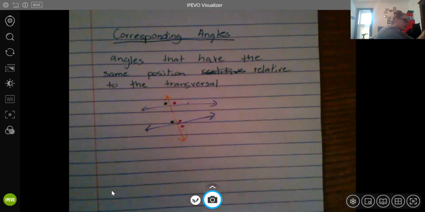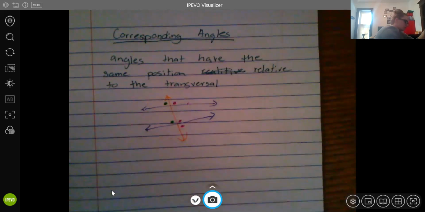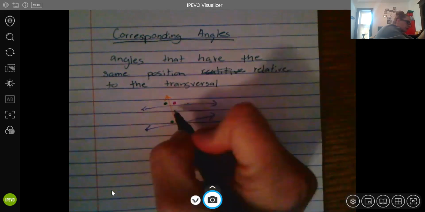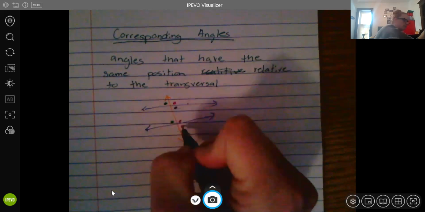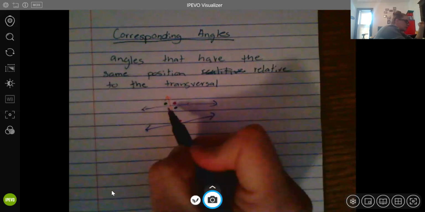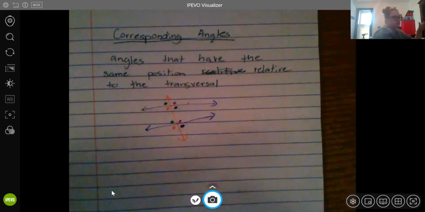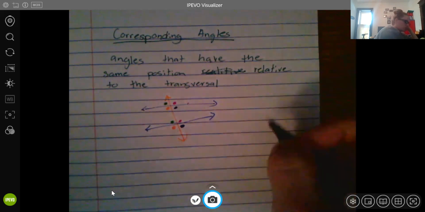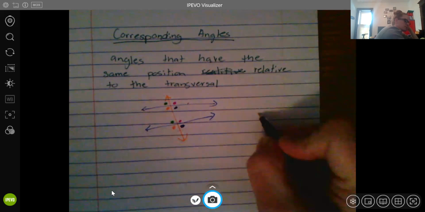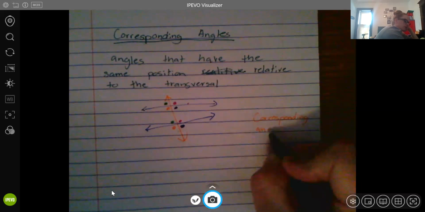Sorry about that. I need to pick different colors. We'll throw this blue in down here and here. And then my last one, I'll make a light peach, is here and here. Okay, so we have 4 sets of corresponding angles. Corresponding angles have the same measure, they are congruent.